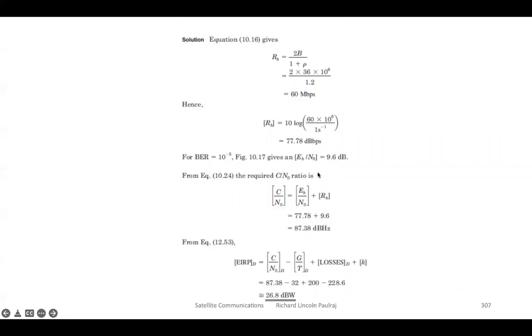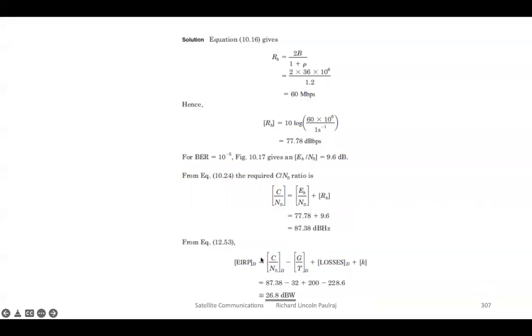So 60 is converted, so I'll be using 77.78 for Rb, and Eb/N0, the constant which I was mentioning, is about 9.6. So totally it comes to about 87 dB-Hz. So this is dB with respect to hertz.